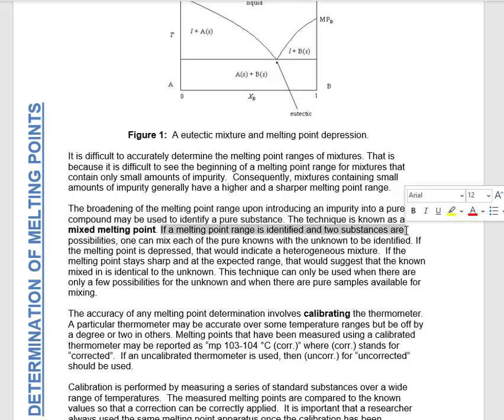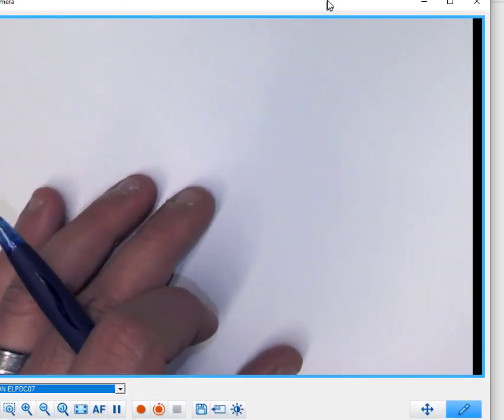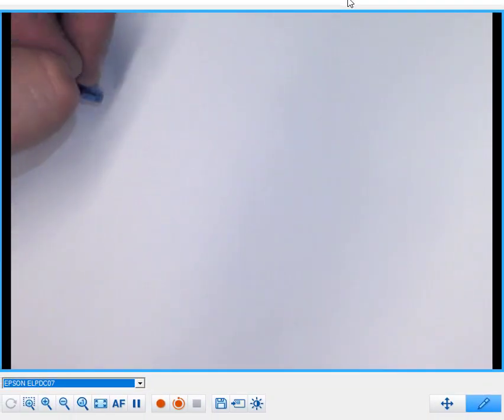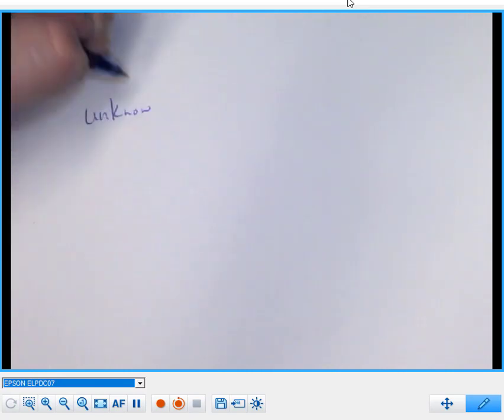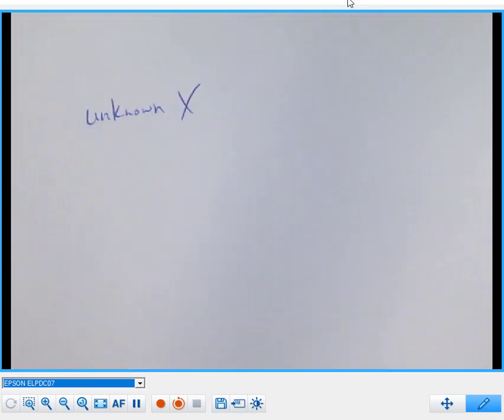So in a mixed melting point, you can take two substances, say what you believe it to be, say it's your two choices of whatever it is. So for a mixed melting point, say you took the melting point of an unknown X. We don't know what that is.